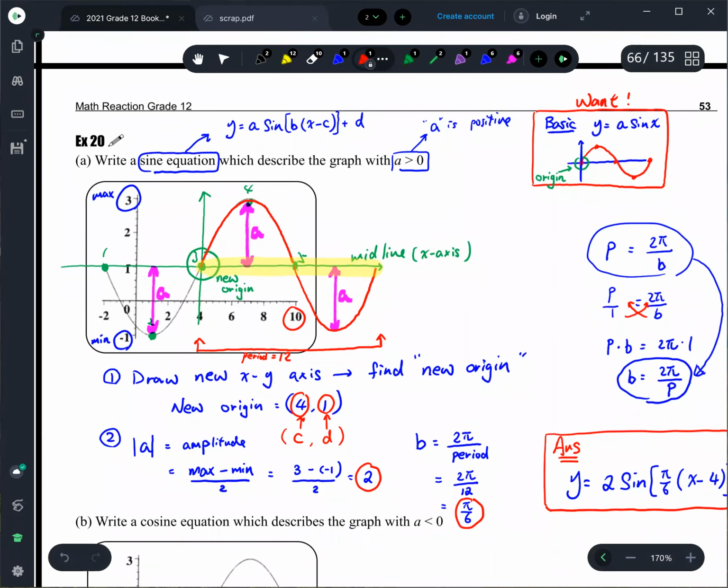Now you move on to step 2. You find the A, you can either use the formula or you can count. For B, you use the formula: you get the period from the graph and you divide. Then you have your A, B, C, D, and you're finished. Much easier than if you want to get a graph, which is more work.